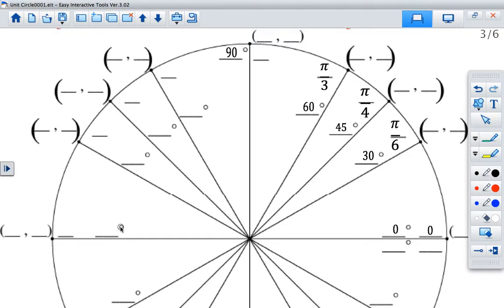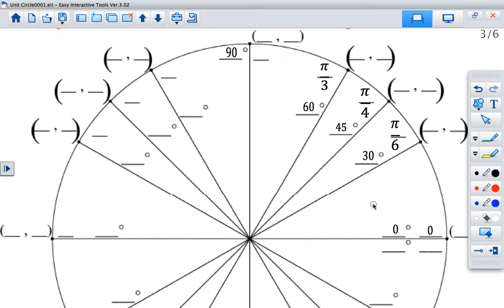The one with the little bubble, that's your degree symbol. Just write the number on the line. Then the line that does not have a bubble or a degree symbol, that's for your radians. And what I want you guys to do, use that line as the fraction line. And so you just have your pi on the top and whatever numbers in the denominator on the bottom. And now I do realize that on some of these, as you go around, you will have numbers in the numerator and the denominator.